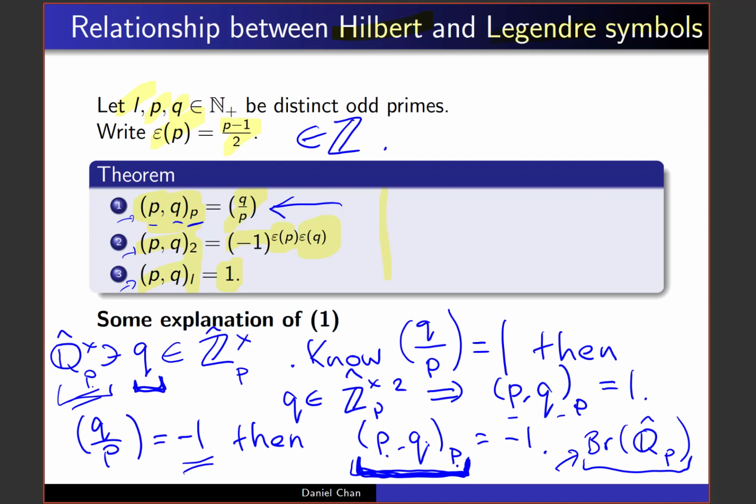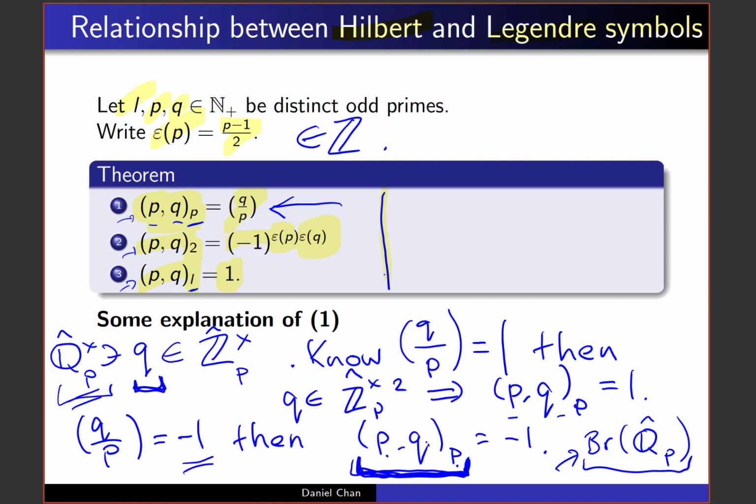So you just have to look at the generators, and the generators here are firstly, in this case here, L, or you can have something which is a non-square modulo L. Okay, so they're the possibilities. Okay, so they're the three values that we're going to need to use for the Hilbert symbol.